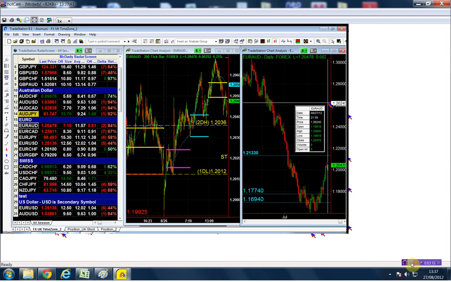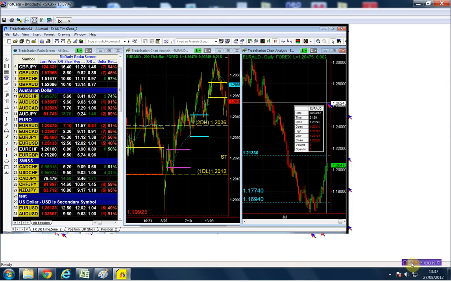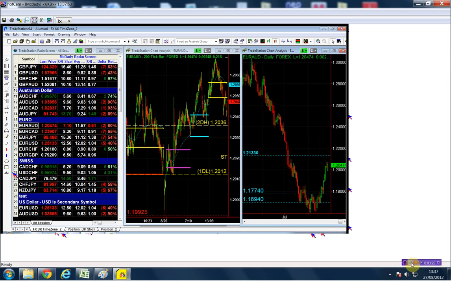The high of the day is 120.68. The high of yesterday is 120.70. From 68 to 70, it doesn't really make much of a difference. So we'll put it above 70 as our buy.